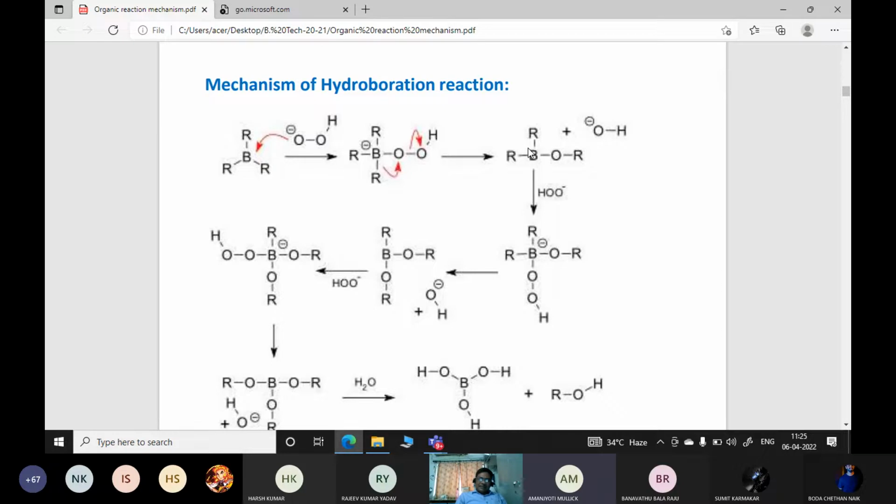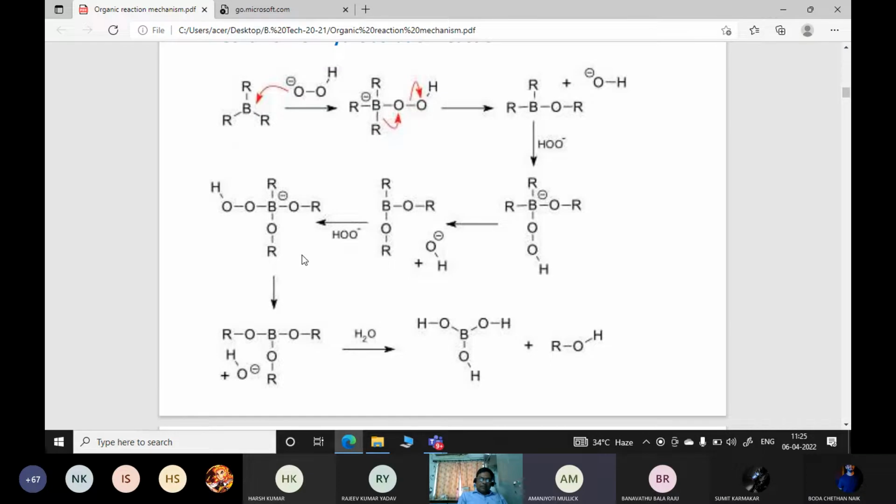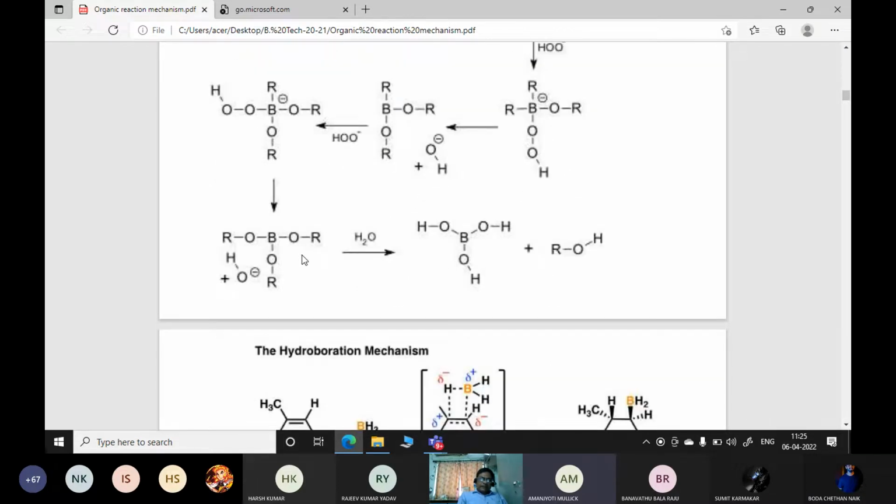In the second step, the same reaction is repeated: the peroxide attacks this boron in the same manner, and at the same time one alkyl group is transferred to the oxygen, with simultaneous expulsion of OH, and it forms the dialkoxy compound. In a similar way, this gives the trialkoxy boron. When this is treated with water, it hydrolyzes and gives the corresponding boric acid and the corresponding alcohol.